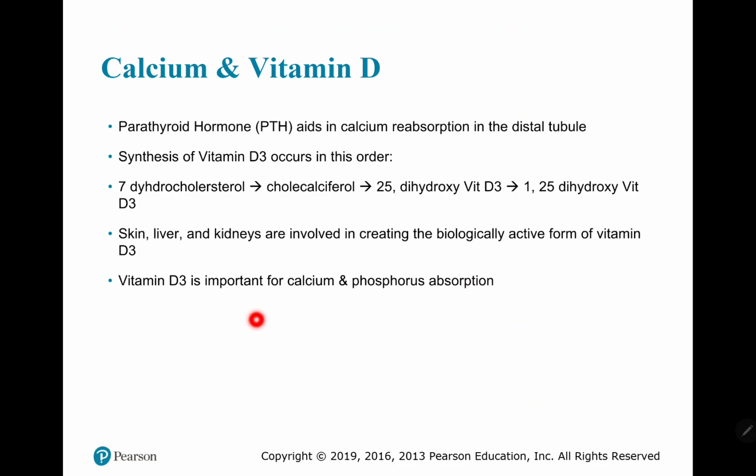Vitamin D is really important too, especially in our extracellular fluid, to maintain the proper levels of calcium. So, if we remember, parathyroid hormone, PTH, is produced by the parathyroid glands, posterior to your thyroid gland.